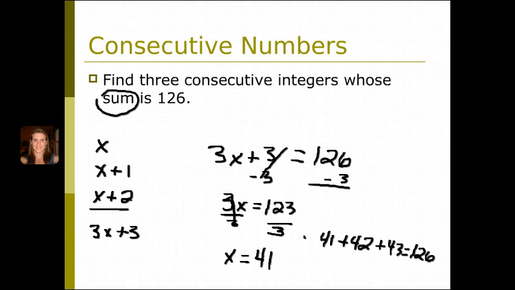Remember that consecutive means in a row. So if somebody asked, how many consecutive games did our team win? Or how many consecutive championships did a team win? Consecutive means in a row, one after another.